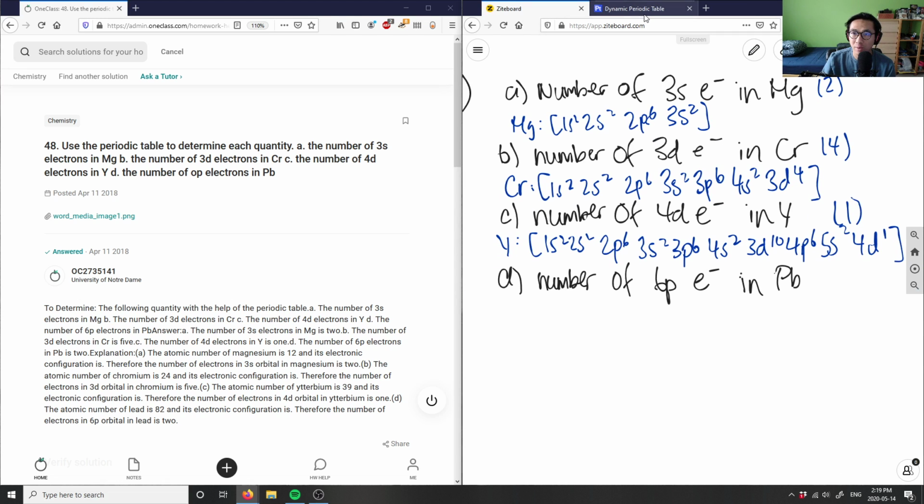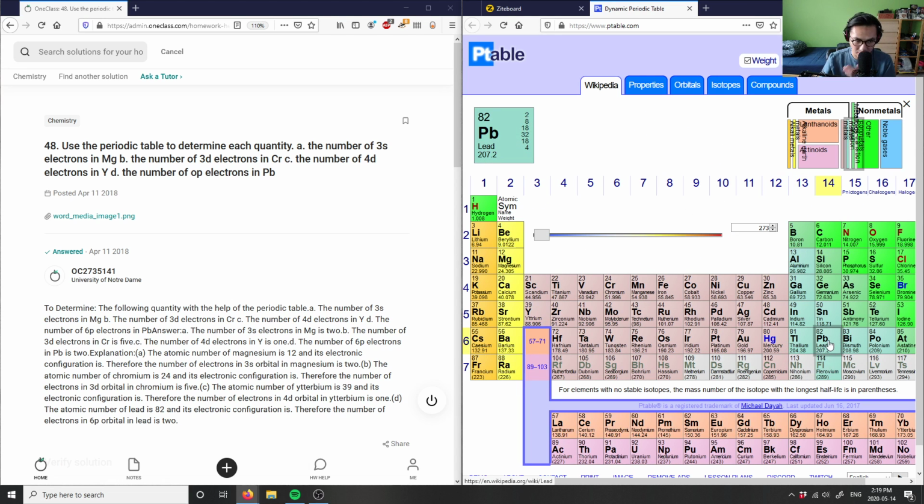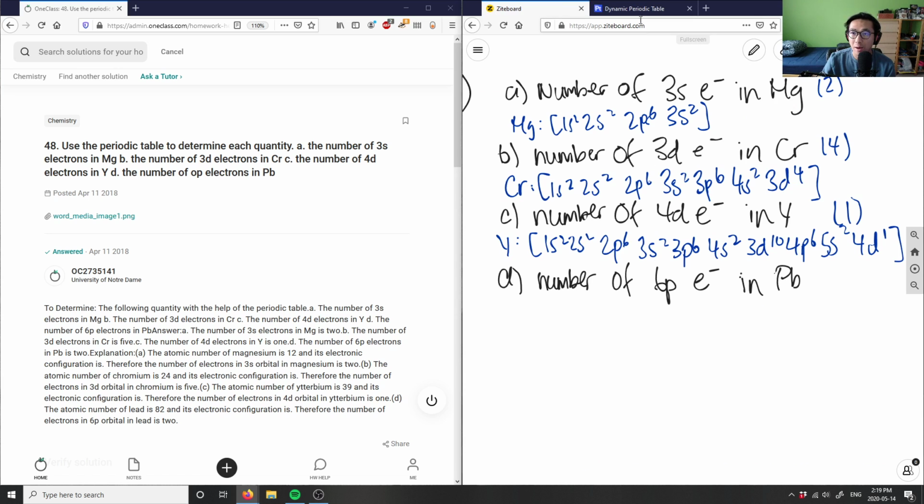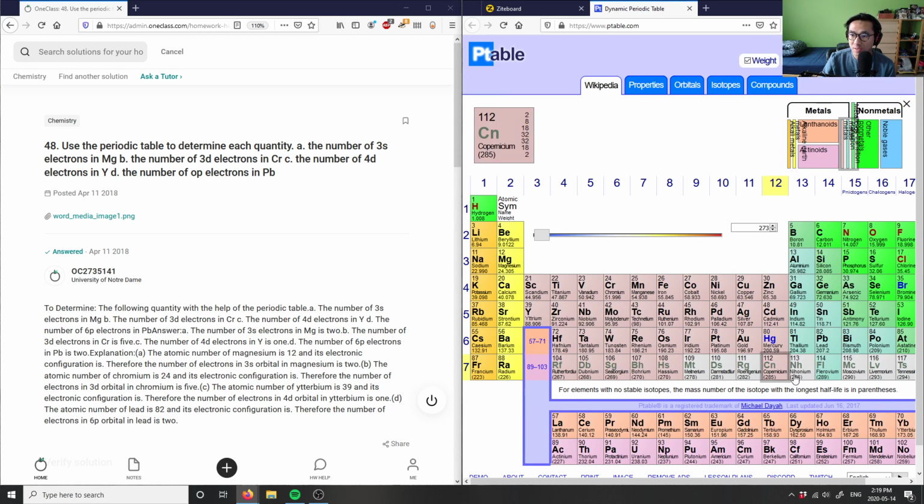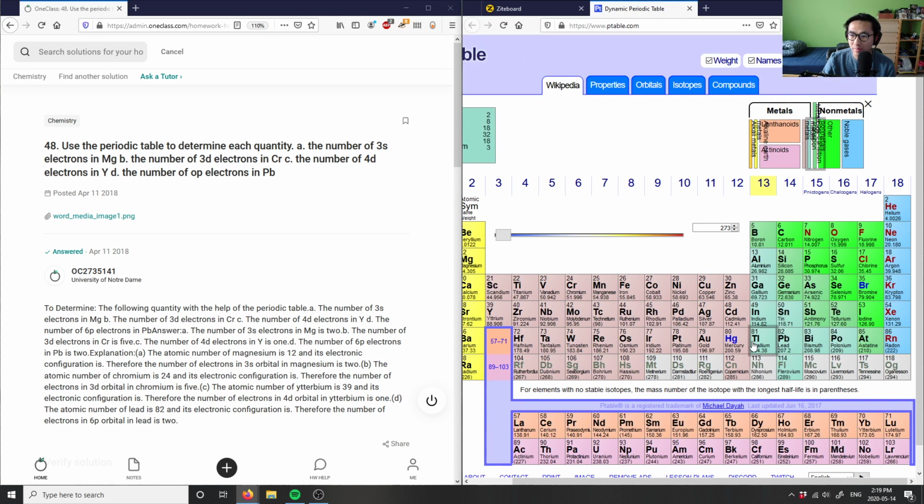And finally, in Pb, Pb is all the way down here. It's asking us about the 6p electrons. I'm not going to write the configuration because it's pretty long here. But this here is a 6p orbital. Here, the p orbital starts again at thallium. So this is 1p, sorry, this is 2p, 3p, 4p, 5p, and this here is 6p, right?